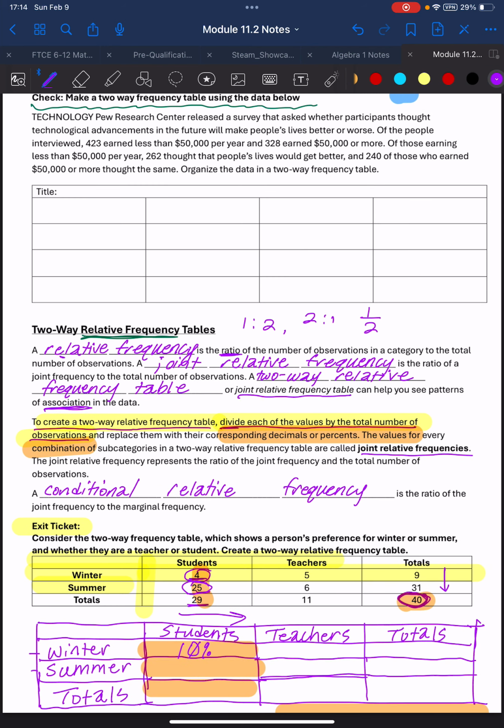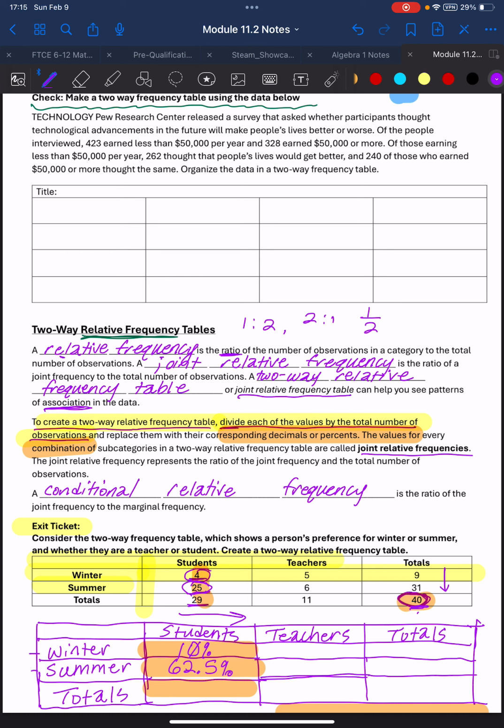Now we're doing 25 divided by 40. 25 divided by 40 is 62.5%. That's why we have the decimal. Again, 25 divided by 40 gives me 62.5%.